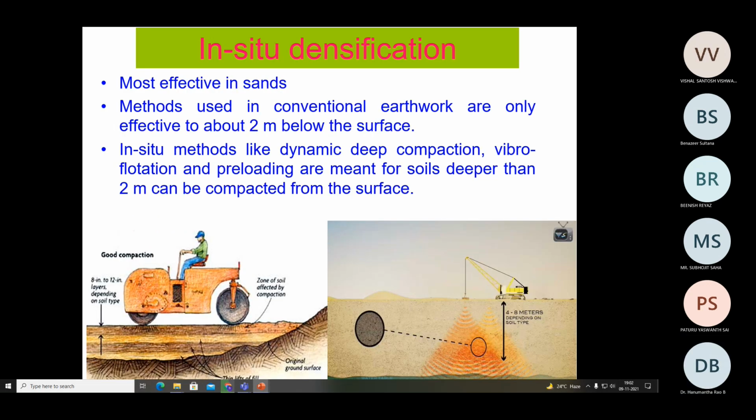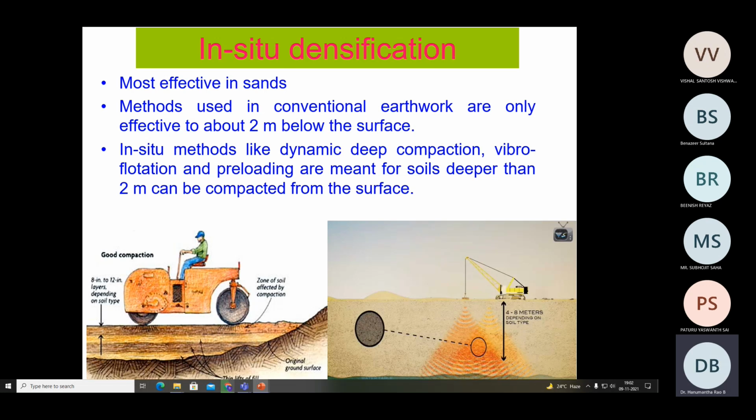Now, I said a technique called deep dynamic compaction. We know the meaning of compaction because we have understood it in the standard Proctor compaction test or modified Proctor compaction test.